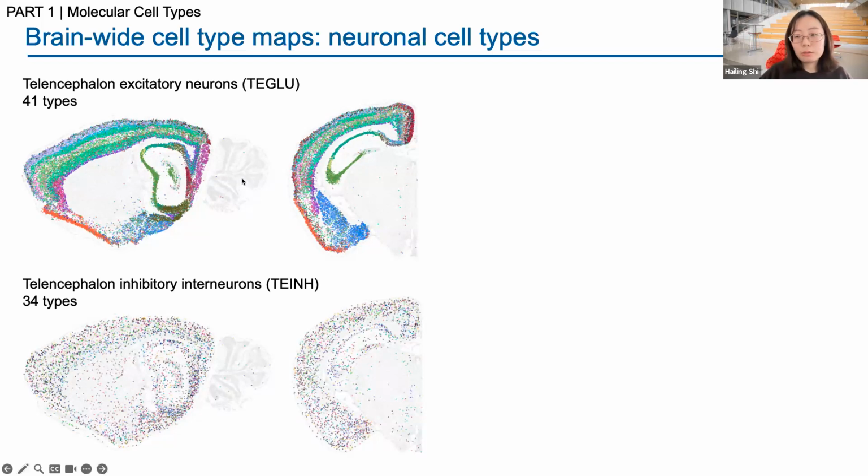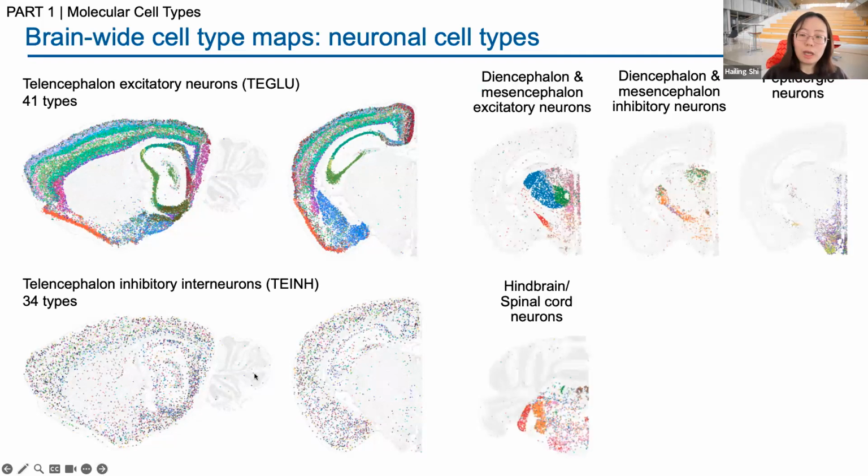We see clear regionalization for most of the excitatory neuronal cell types, each occupying a defined brain structure or a defined cortical layer, while the inhibitory neurons tend to be distributed more widely. Beyond the cortex, we also have the spatial cell type maps for neuronal cell types in the thalamus, hypothalamus, and hindbrain.